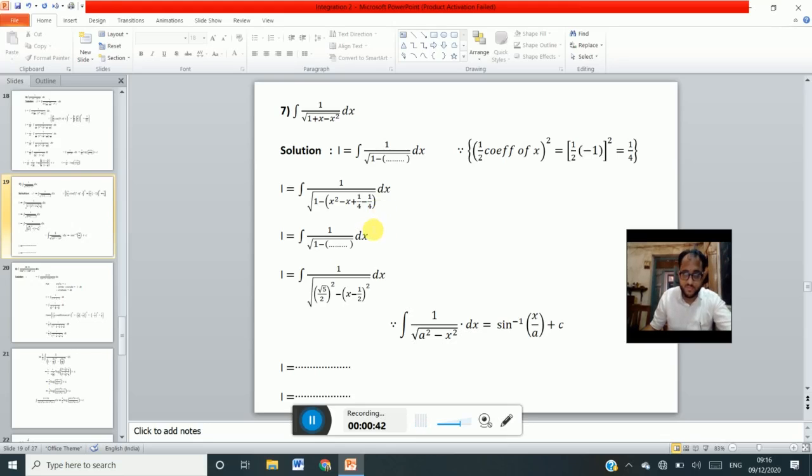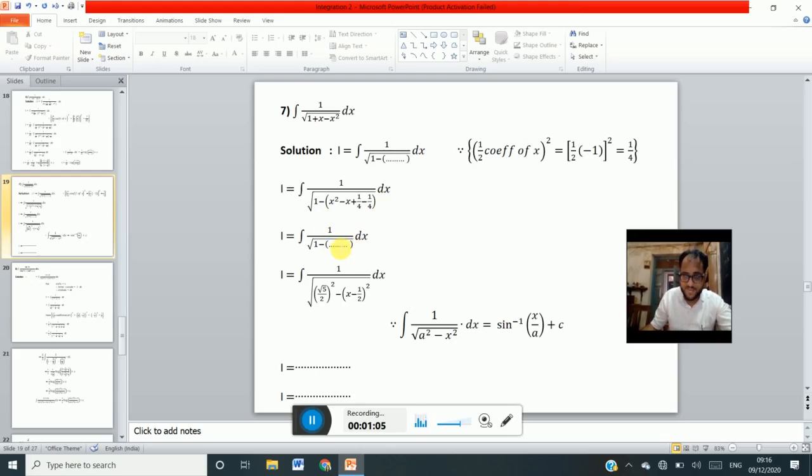Okay, then next is what, 1 minus, if we see, the first three terms are the perfect square of x minus 1 by 2 whole square, and minus minus plus 1 by 4. Right, now 1 plus 1 by 4 means 5 by 4. Okay, what is here?